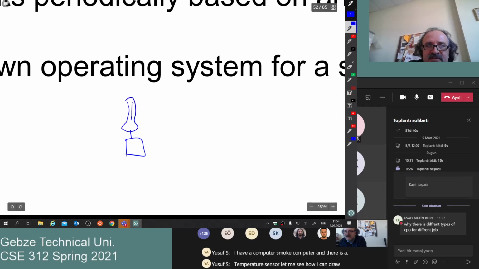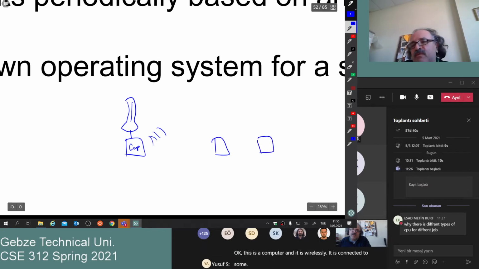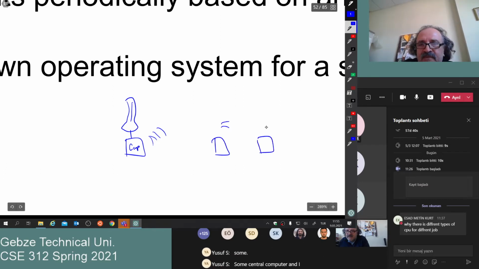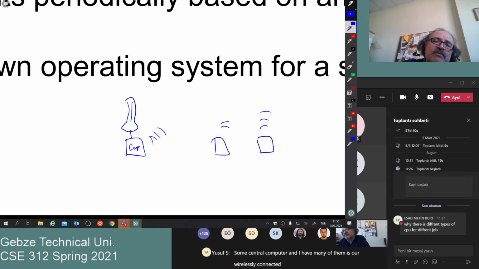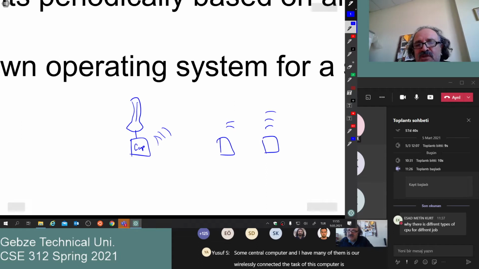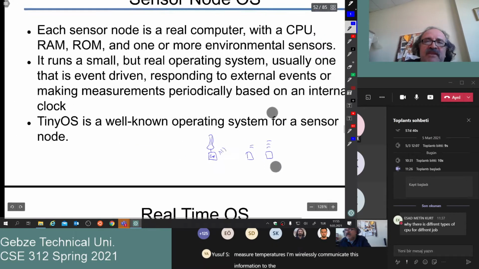This is a temperature sensor, connected to a computer, and it is wirelessly connected to some central computer, and I have many of them. The task of this computer is only to measure temperature and wirelessly communicate this information to the main computer. That's what it does.